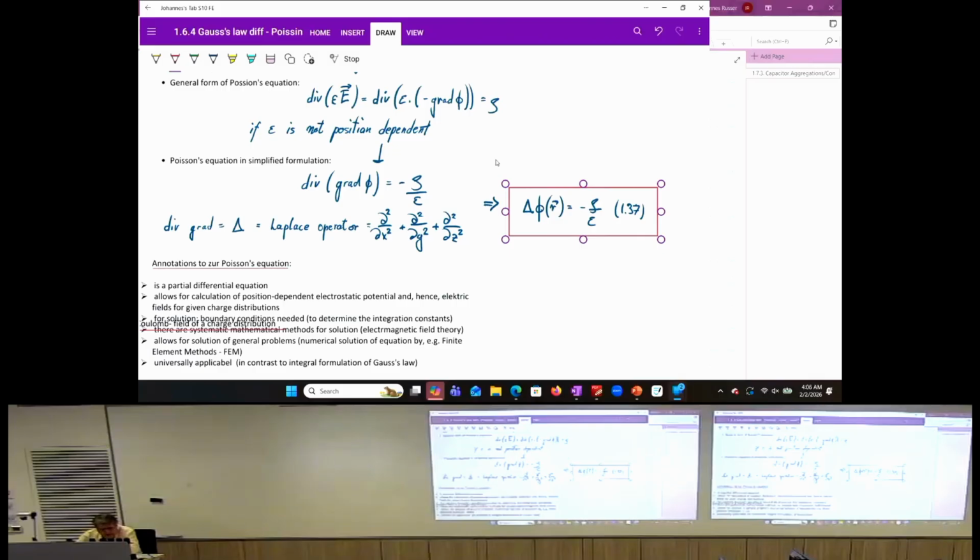And then, especially once you resort to an implementation for numerical solution, you can actually use this equation really for any arbitrary charge distribution problem and obtain the electrostatic field. So in that sense, this Poisson equation is a rather important equation.